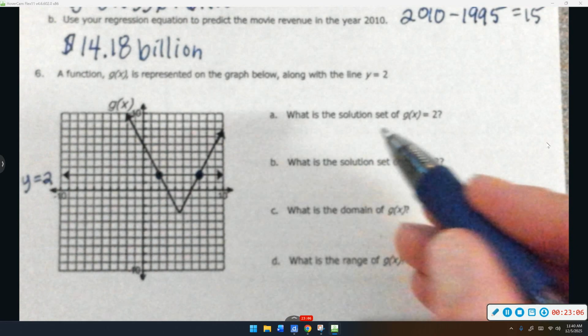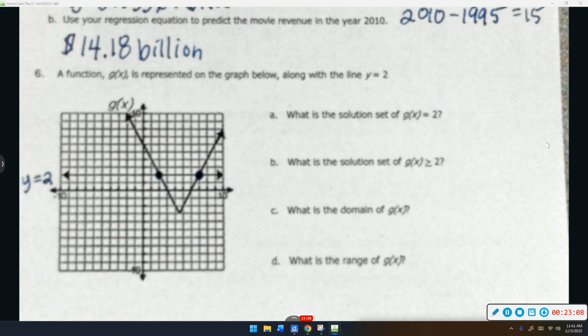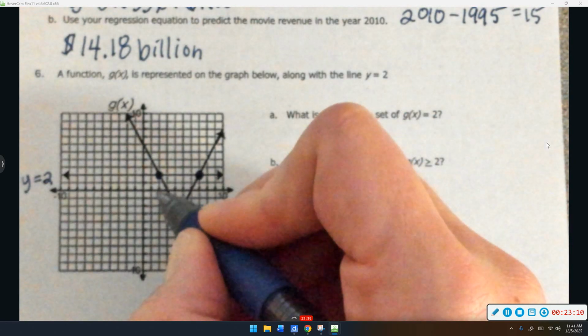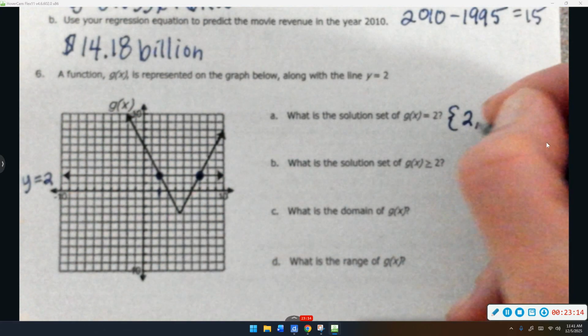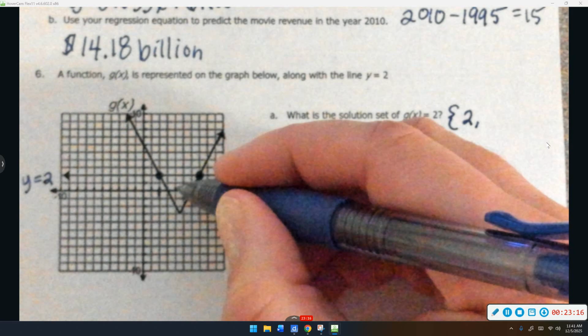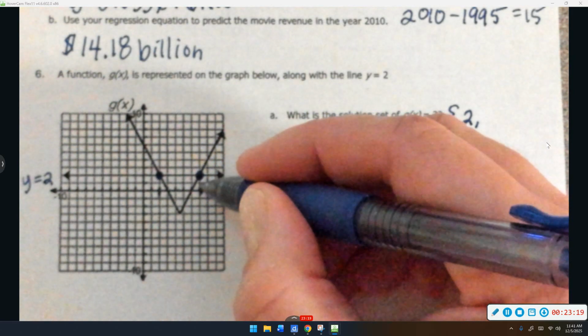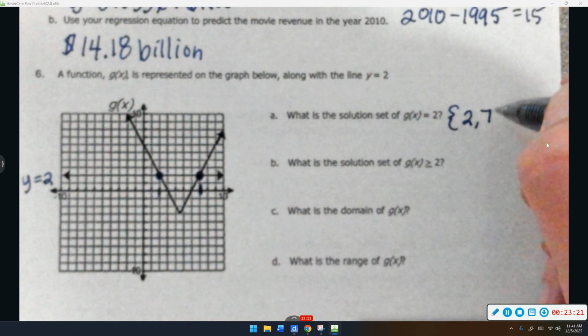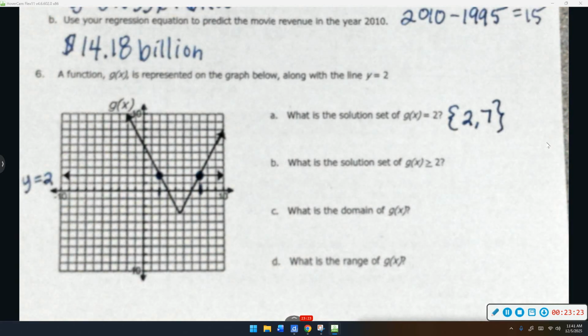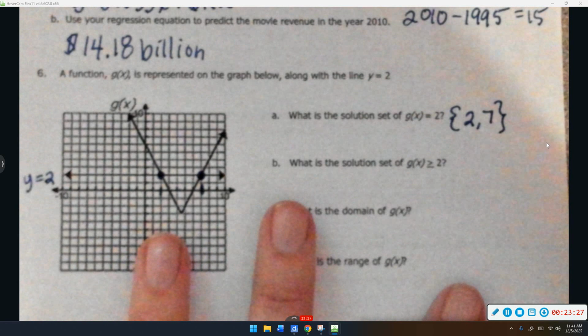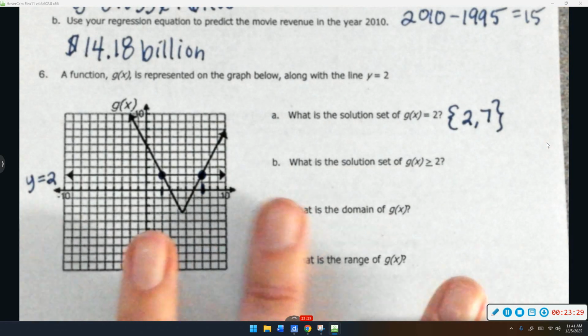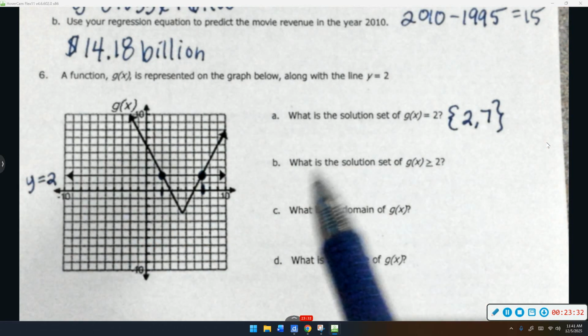Okay, so I want to know the x values. That looks like 2, and what's the other one? 3, 4, 5, 6, 7. So 2 and 7. Because I'm looking at the x values. Oh, this is very blurry. Try to make that look a little better. Okay. All right, next question.